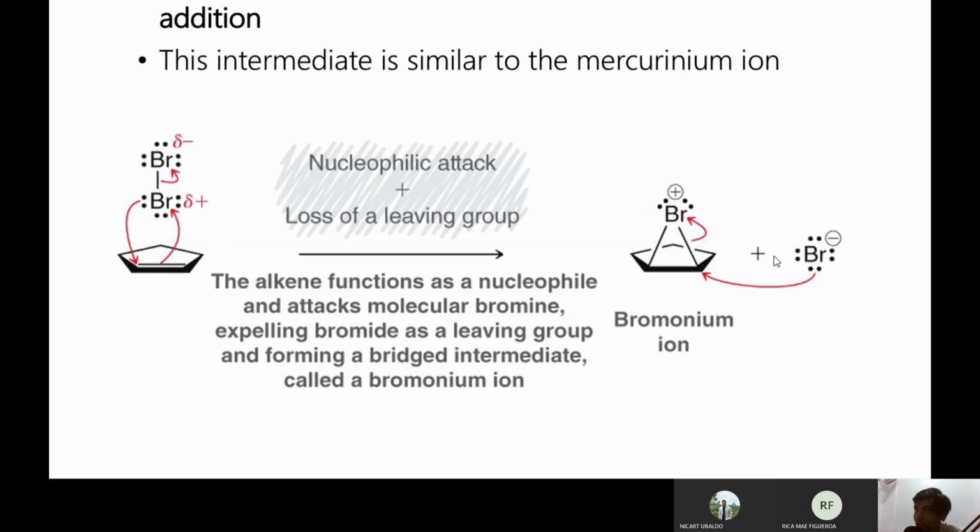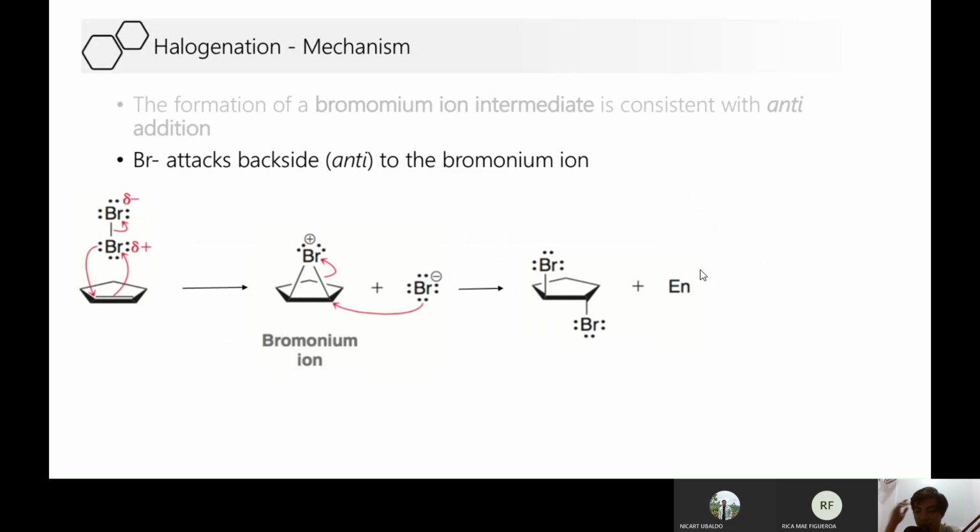Then, yung isa mo pang bromine, since hindi niya ma-access yung taas due to steric reasons, sa baba na lang siya aatake. Okay? So that's why you have your anti-addition. Okay? And then plus the enantiomer, no? So pwedeng ito nasa taas, ito nasa baba, or pwedeng ito nasa taas, ito naman nasa baba. So may enantiomers kanyan. Okay? So ganun lang.